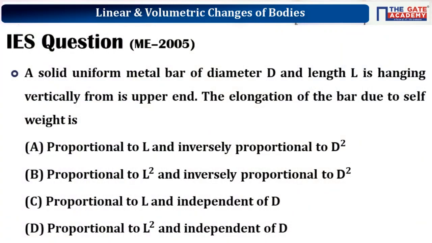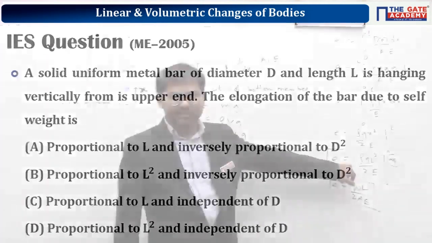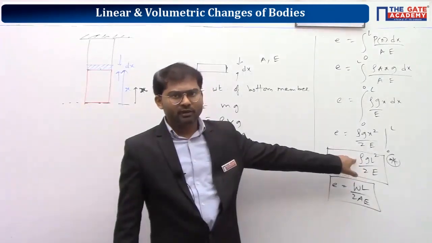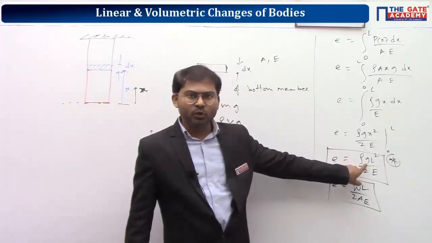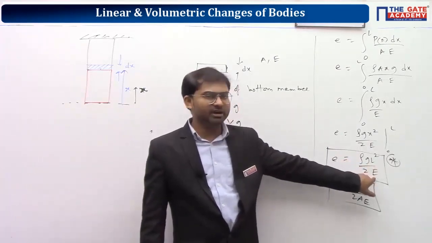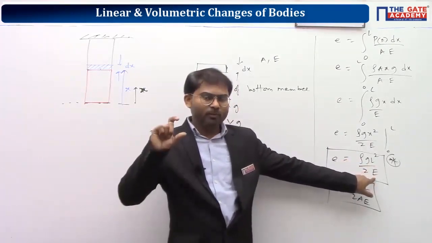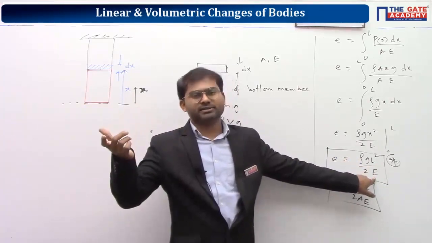Yeah, the correct answer is D, because it is according to this expression. We should not answer according to the other expression because we have independent variables here. Rho is independent of everything, G is an independent value, length is an independent value, Young's modulus is an independent value. Volume depends upon density and mass.